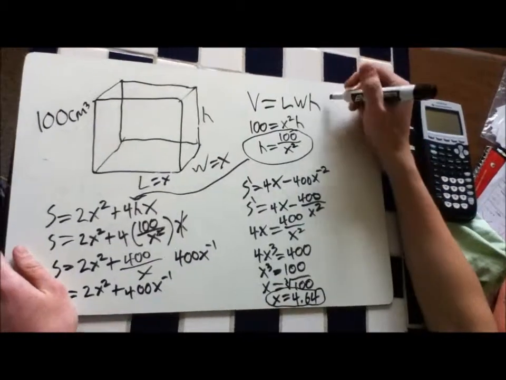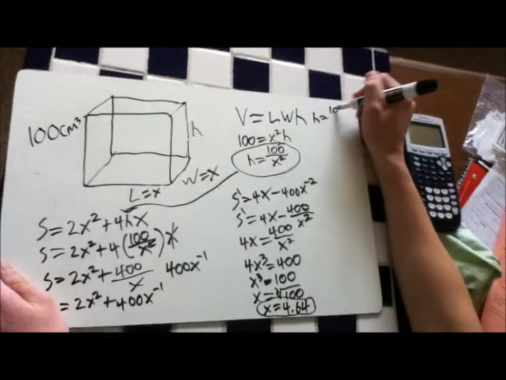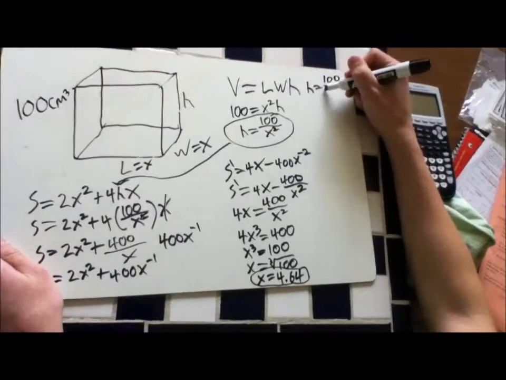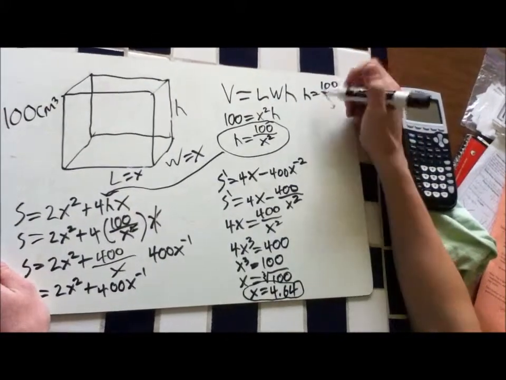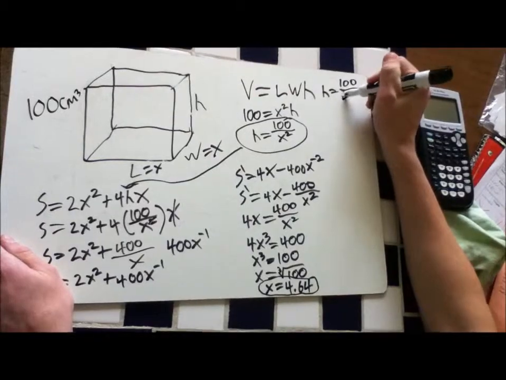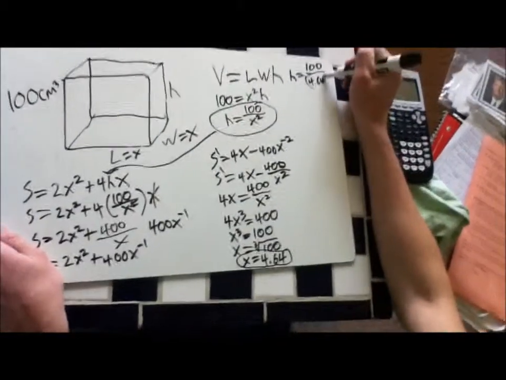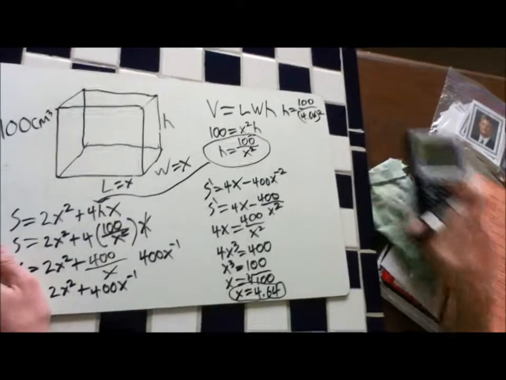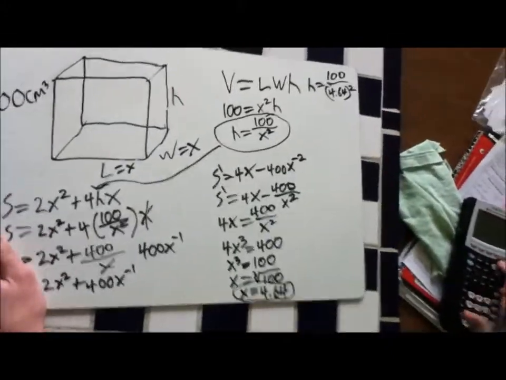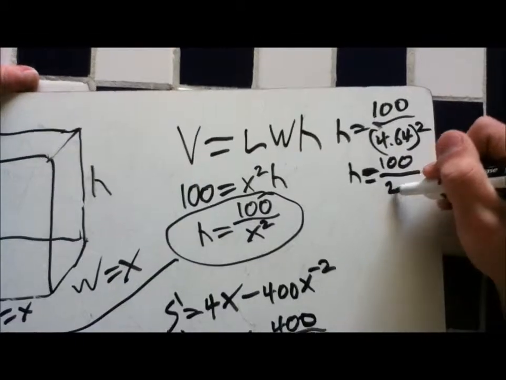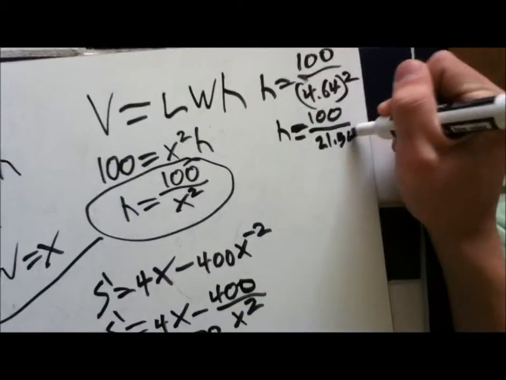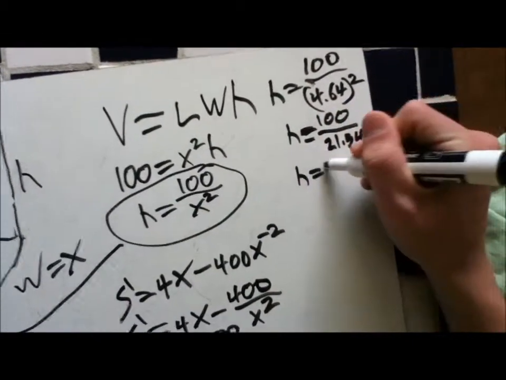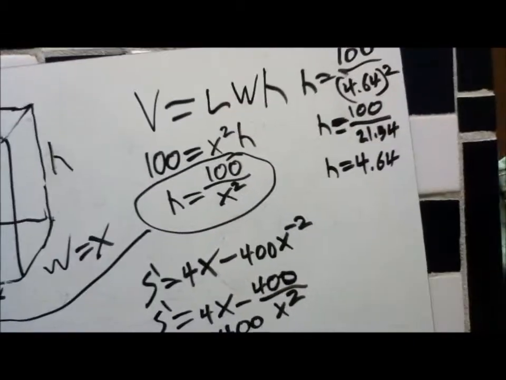So h equals 100 over 4.64 squared, which is h equals 100 over 21.54, and h equals 4.64, which is the same.